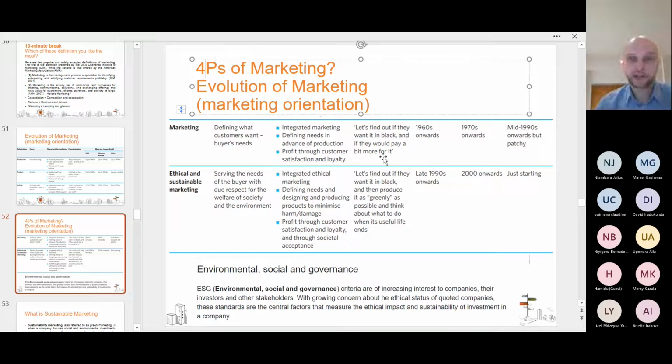So the 4 Ps of marketing we can trace from marketing orientation, so from this period. It includes product, promotion, price, and place. And again, depending on what market you are working on, we can perceive different things by saying that. For instance, place can be a physical store, or an online official website, or some marketplace on the internet.